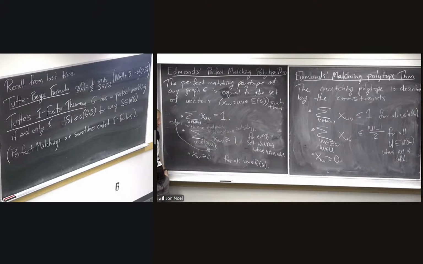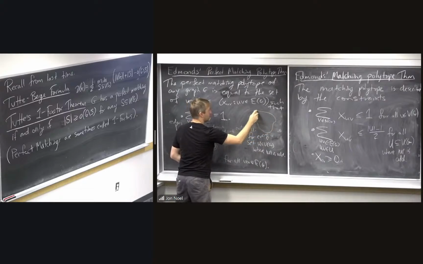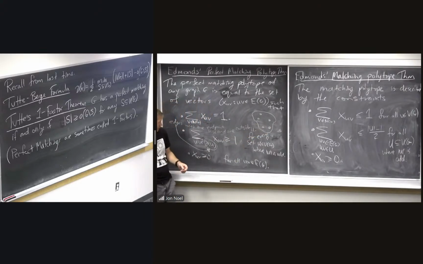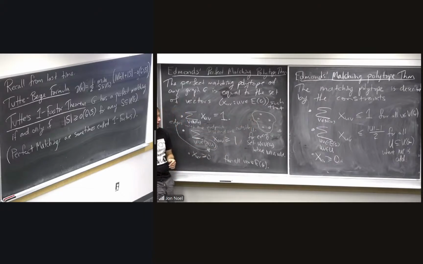Yeah, greater than or equal to 1. This is because we're trying to get a perfect matching. This is a bit of a different constraint than the other one, right? So this is saying if I really wanted it to be a perfect matching, if I've got a set of 5 vertices, one of the edges that leaves this set U would have to be in the matching.